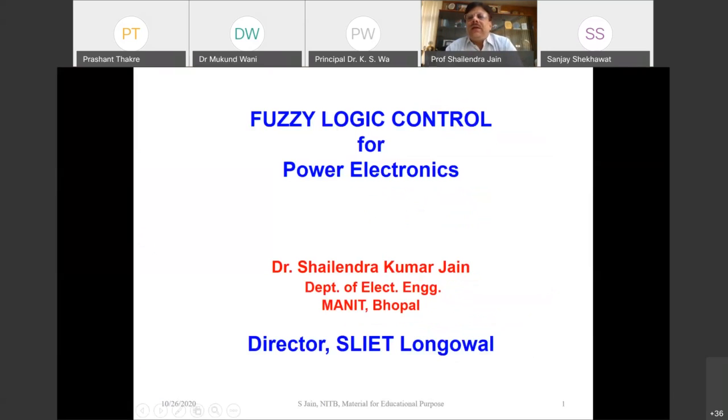As already spoken by the various speakers, the course is mainly on the aspect of digitally controlled power electronic converter. It is basically the power of the brain which controls the muscular power.